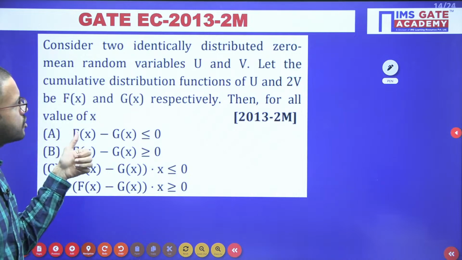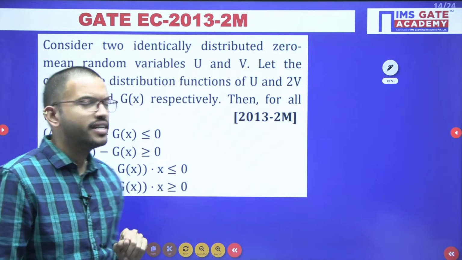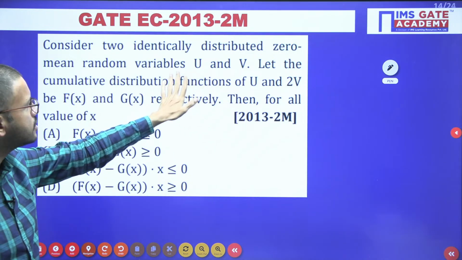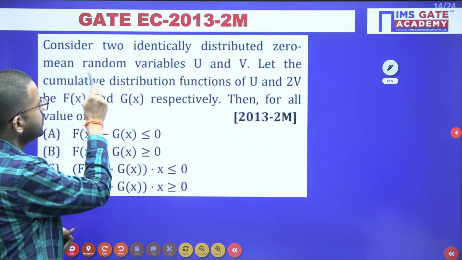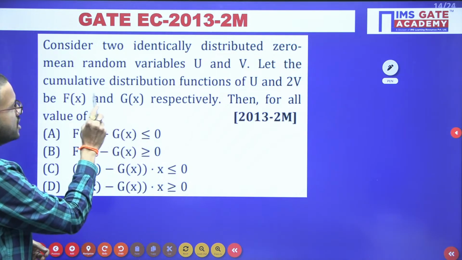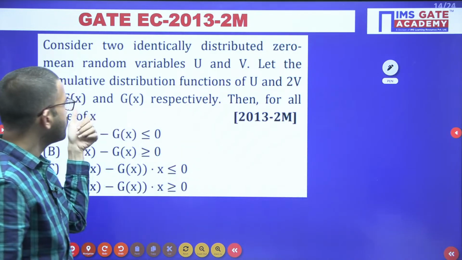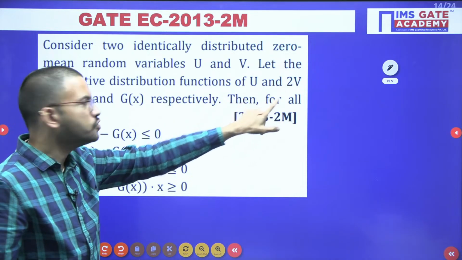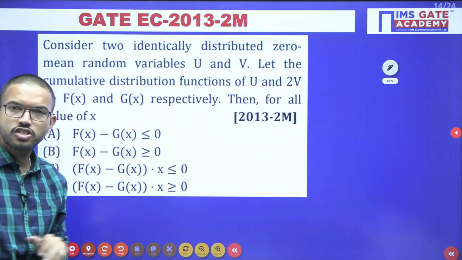So in this particular question they have mentioned that you have two identically distributed random variables, U and V, which are identical, and they have zero mean. Let the cumulative distribution function of U be F of x, and regarding 2V they have mentioned the cumulative distribution function as G of x.